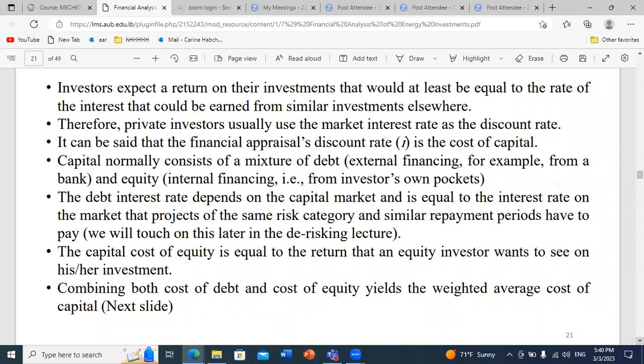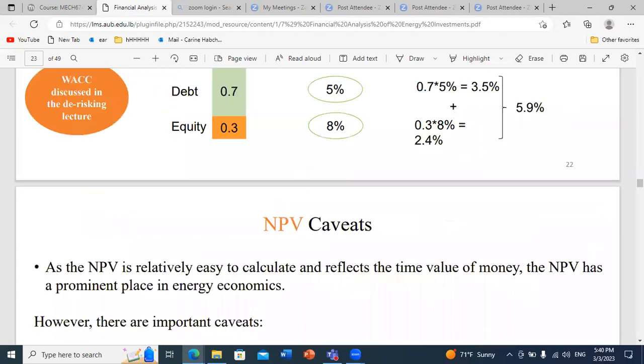Once I invest this money, I will have this gain, and this will help you select the value of the discount rate that is equivalent to the percentage of returns you are expecting. So combining both cost of debt and cost of equity, this will yield what we call the weighted average cost of capital. Now, let us see together how we can compute it.